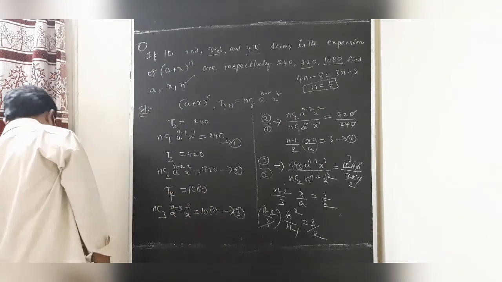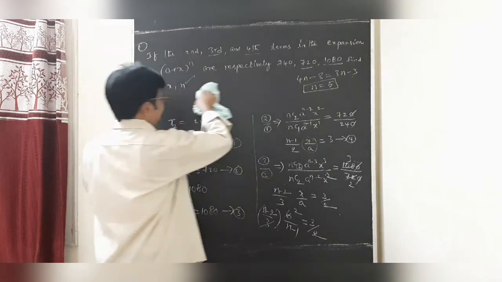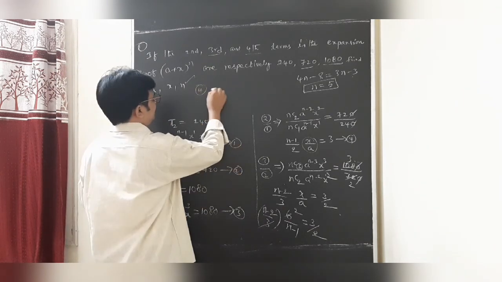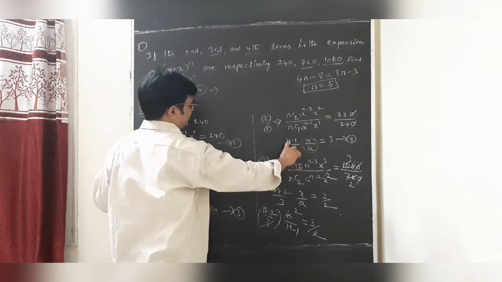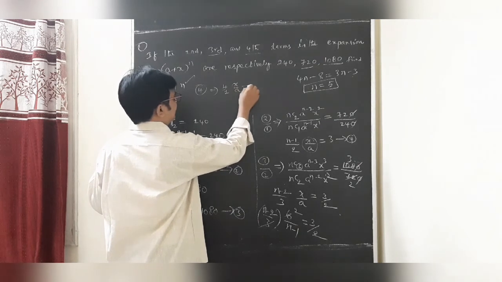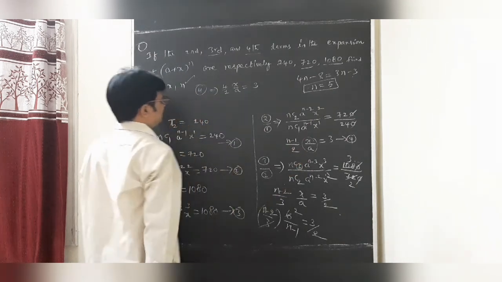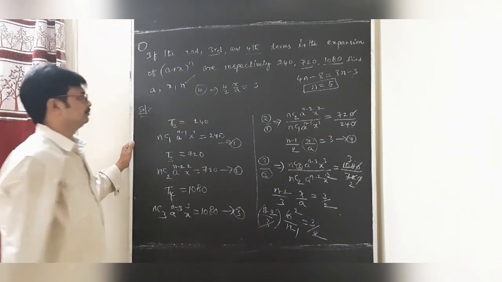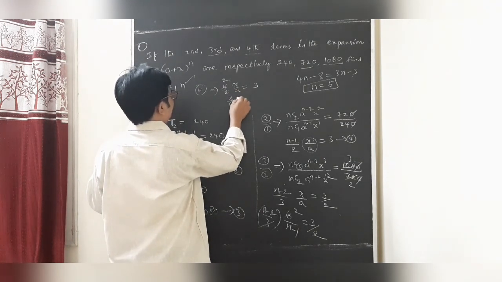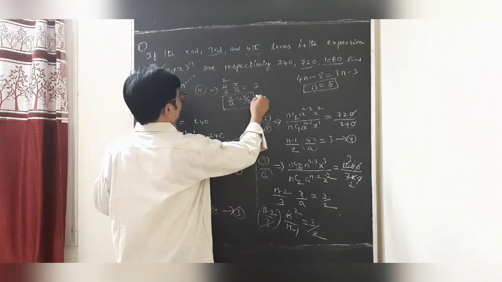Now students, the n value is 5. The equation 4 implies, substituting n equal to 5 here, 5 minus 1 is 4, 4 by 2, x by a equal to 3 by 2.